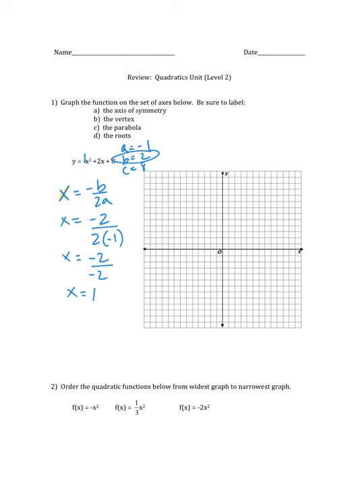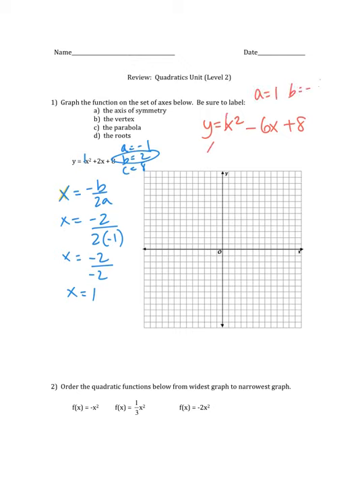If the quadratic equation was a different one, let me make up a new one. Let's say it was y equals x squared minus 6x plus 8, right? Then if I did axis of symmetry for that, first of all, my a value here is 1, because it's 1x squared.